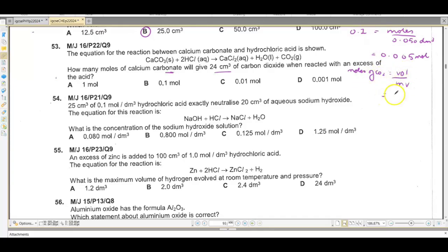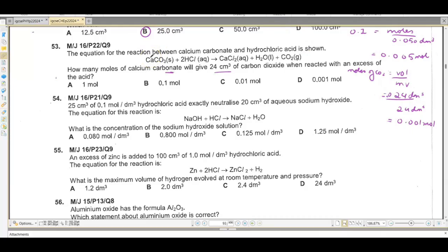So volume is 24 centimeter cube, so this is going to be 0.024 decimeter cubes by 24 decimeter cubes. ठीक है, so this is going to give us an answer of 0.001.